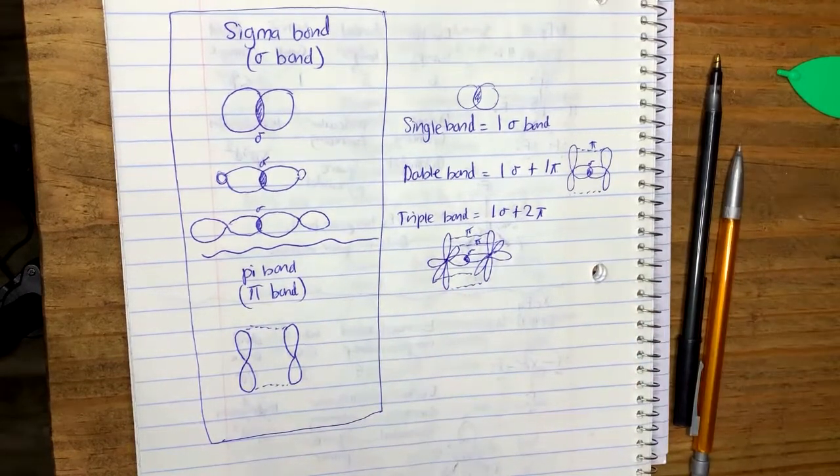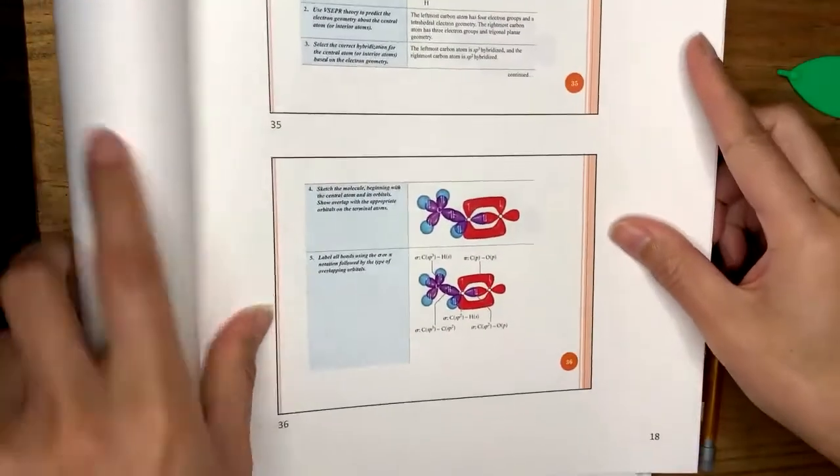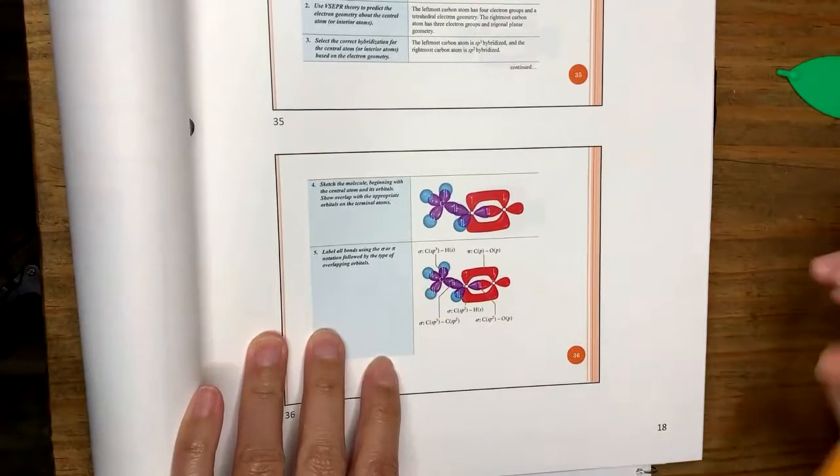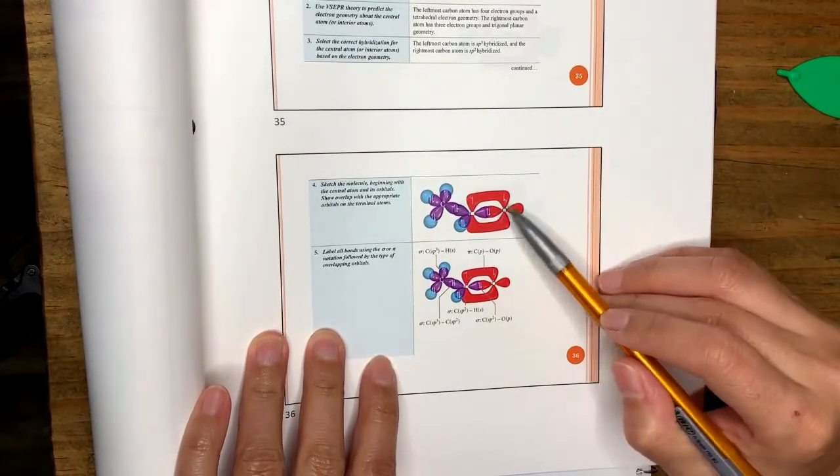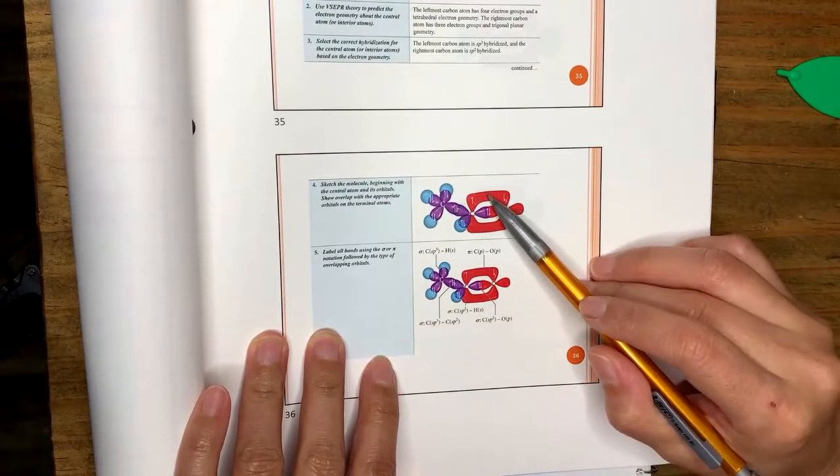So I want to show you some different pictures and see if we can find them. Oh, look at this one. This one's a more complicated molecule. Look at this one here. That one's sigma, sigma, sigma, sigma, sigma, sigma, and then there's a pi bond right there, right?